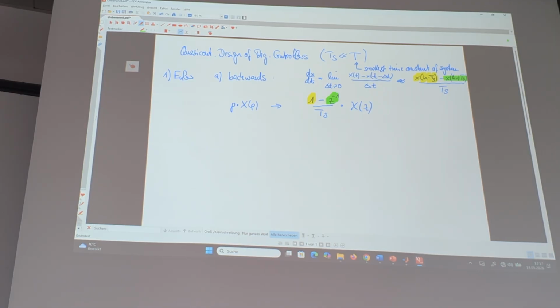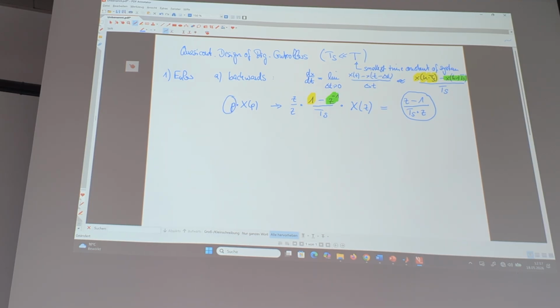And the Ts is in the denominator. We can also write it by multiplying the numerator and the denominator with z, and we didn't change anything, but we have z minus 1 over Ts times z. And this is the substitute that we can choose for our p.